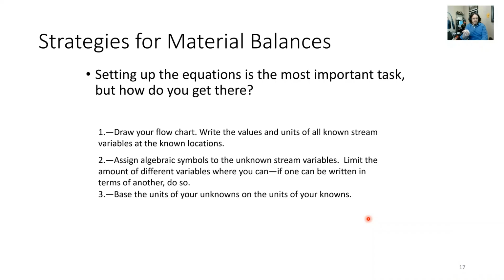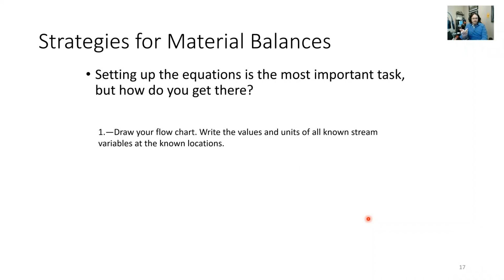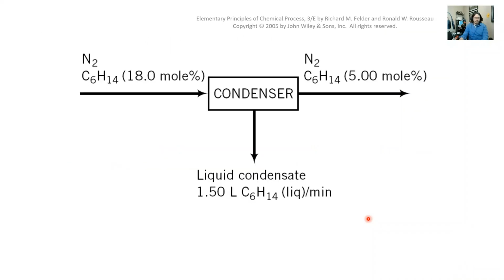You base the units of the unknowns on the units of your knowns, right? So we needed to solve for an unknown molar flow rate, and it was kind of asked. Sometimes it's not outright asked, so if it's not asking directly for the unit, you can base it on the input units. This one asked for the molar flow rate, probably because there were 2 flow rates involved here.